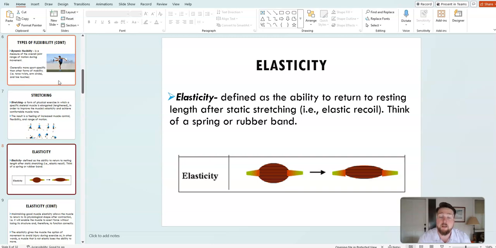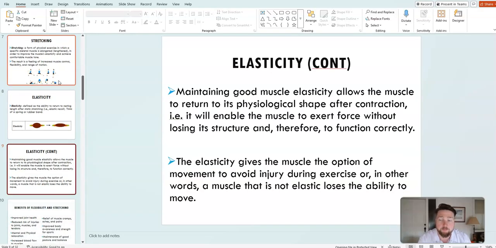That also applies to your skeletal muscles and those different soft tissues, tendons, ligaments, etc. So it's the ability to return to resting length after static stretching. You want to have great elasticity. Okay, so that's elasticity.